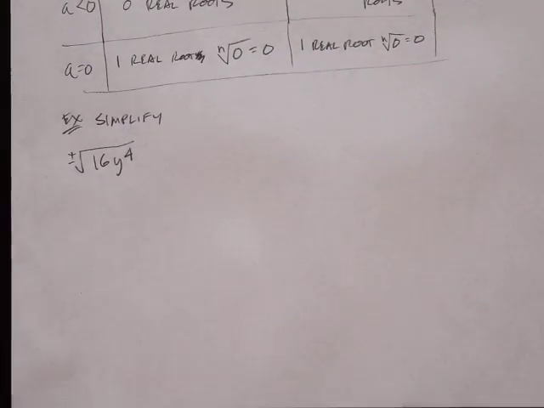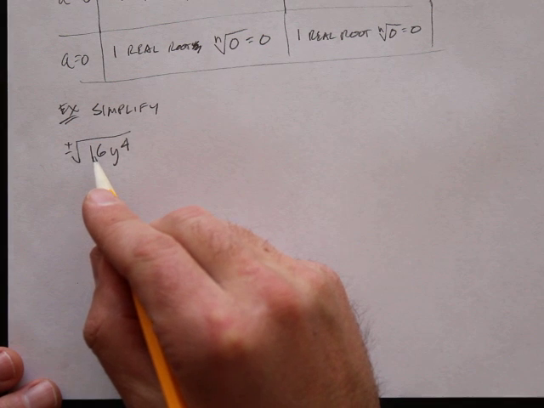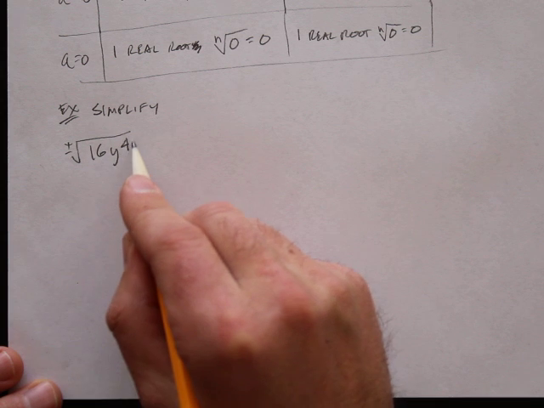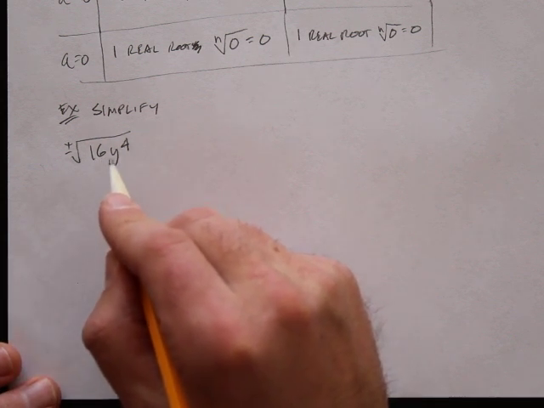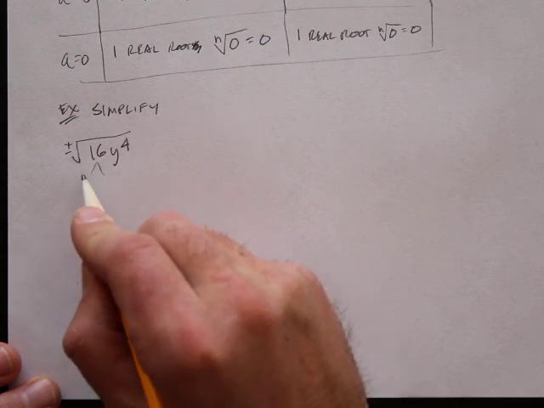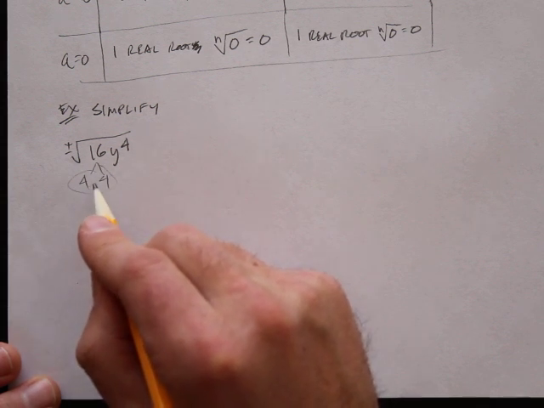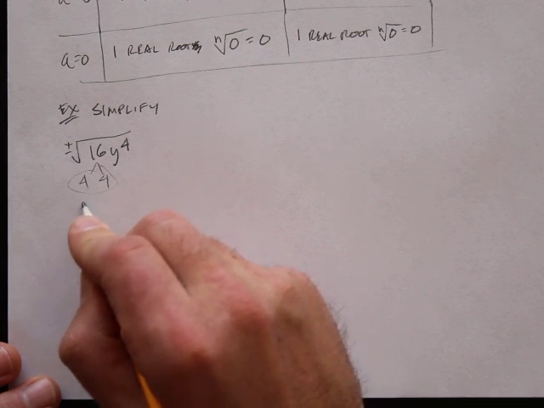Okay, so we have to remember back to algebra here. There are several ways that we can go about thinking about this. So we can say this is 4 times 4, and then circle the 4's. So that 4 times 4, I can take a 4 out.